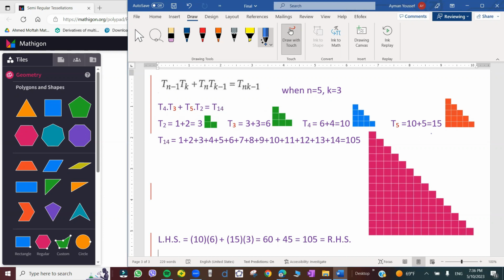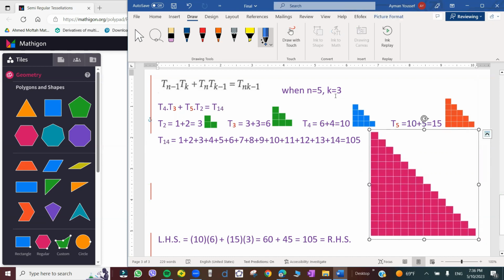Term number 5 is 5 plus 4 plus 3 plus 2 plus 1, which is 15. And term number 2 is 2 plus 1, which is 3.